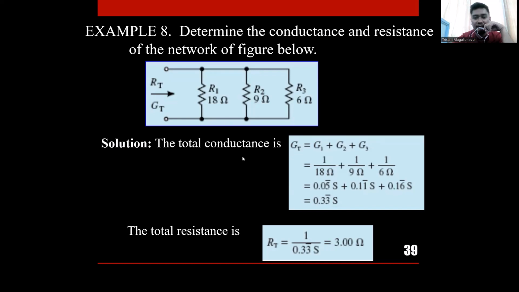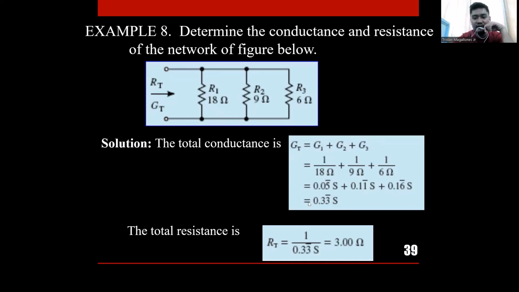So here, we are given three resistors: 18 ohms, 9 ohms, and 6 ohms. First, we are going to get the total conductance, which again is the reciprocal of resistance. So that's 1/18 plus 1/9 plus 1/6.